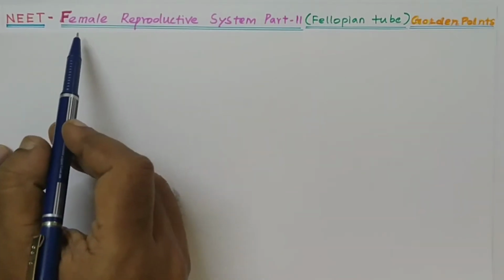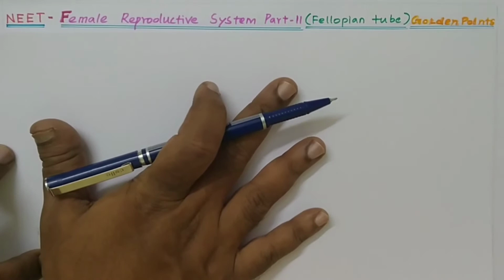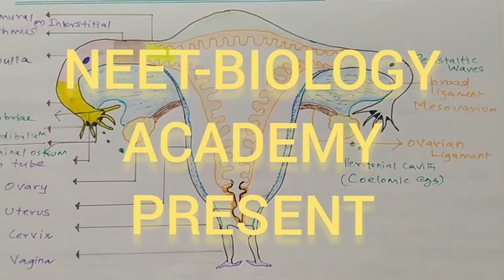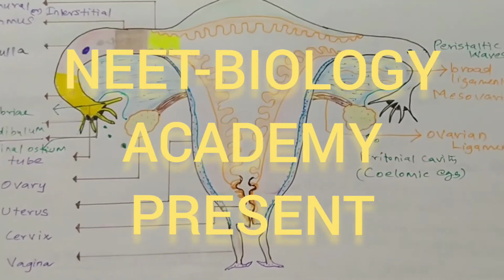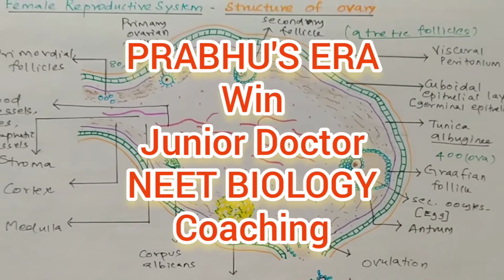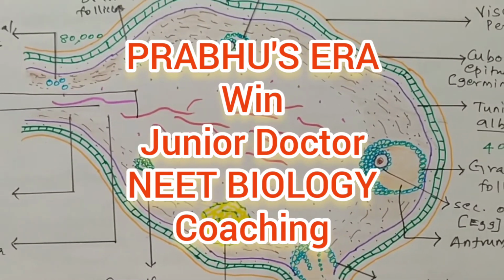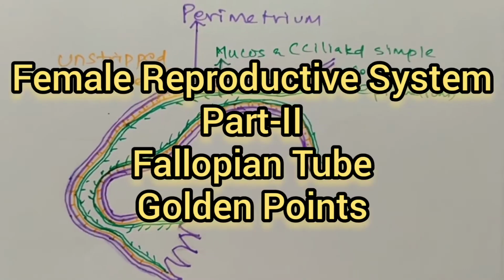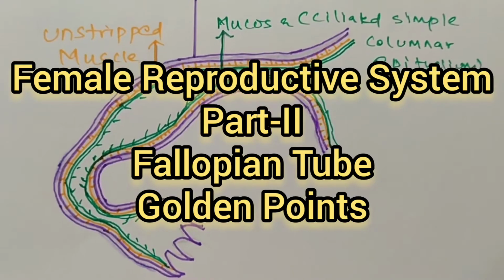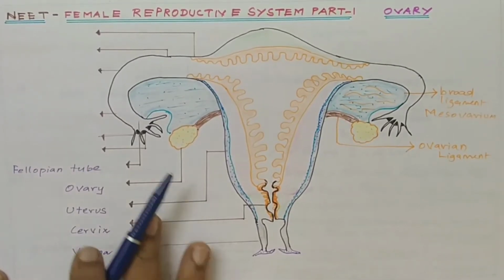First, let us think about the female reproductive system, the general points. What parts does it consist of? This is a female reproductive system diagram.